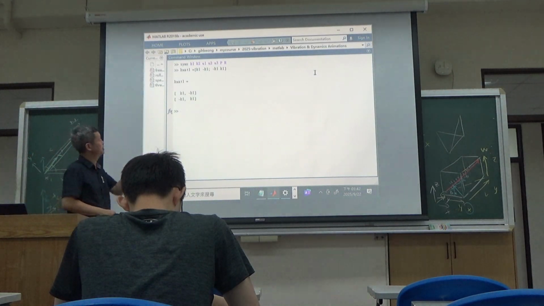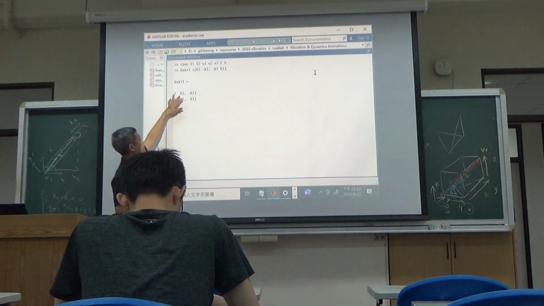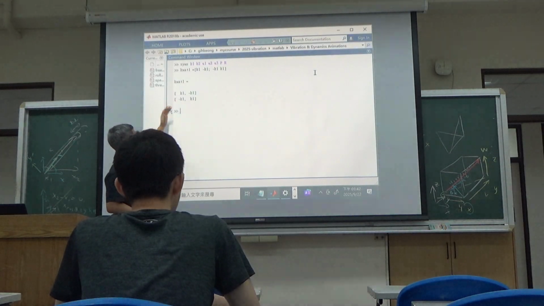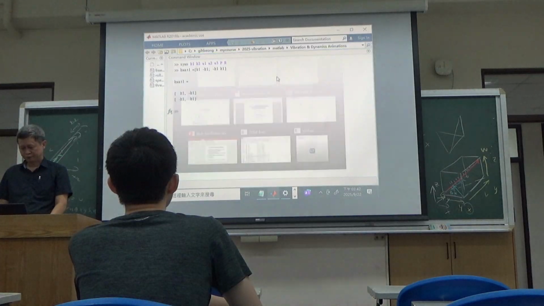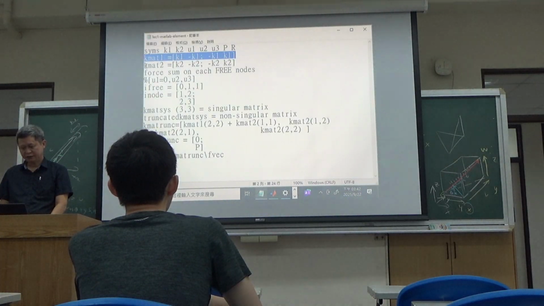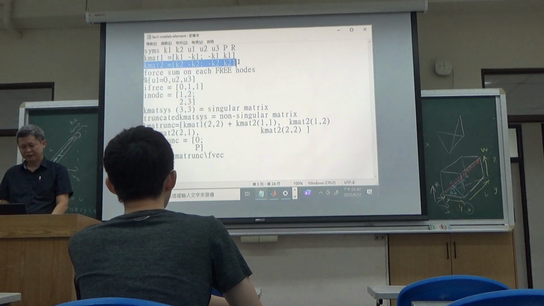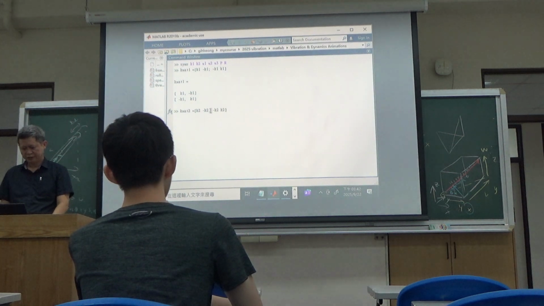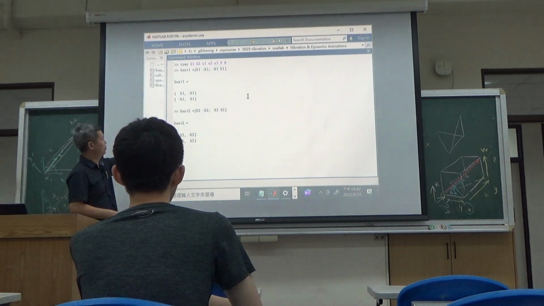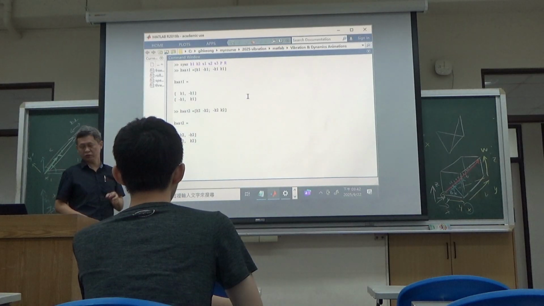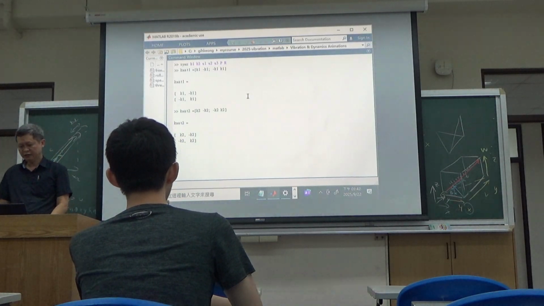Okay? So you see, by defining this, you have stiffness K1. And then next, you define the second stiffness, again symbolically. So you have K2, minus K2, minus K2, K2.